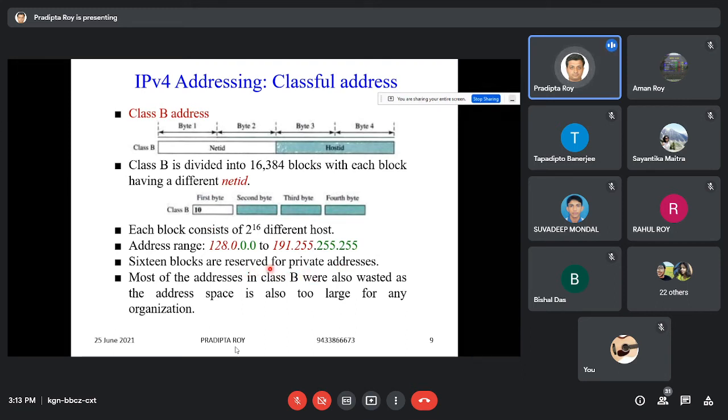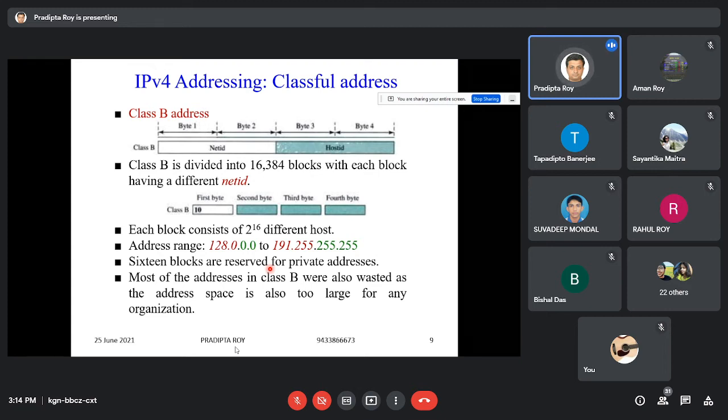But here also lots of class B addresses were wasted, because class B address says there will be 16,384 different networks, and in each network there will be 16,384 different nodes, and that amount of nodes is also huge for any network.